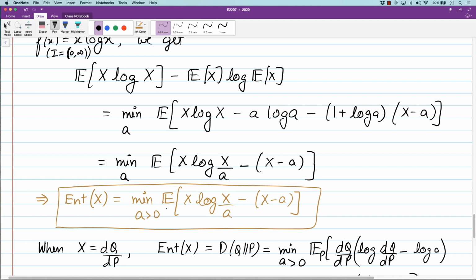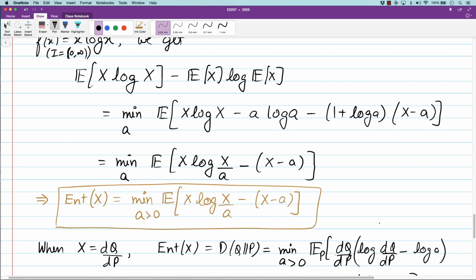In fact, our motivation for covering these variational formulas at this point was so that we could derive this particular formula for entropy. In the next lecture, we will apply this formula to obtain a slightly different log-Sobolev inequality. Till now, we have seen the binary log-Sobolev inequality and the Gaussian log-Sobolev inequality as its consequence.